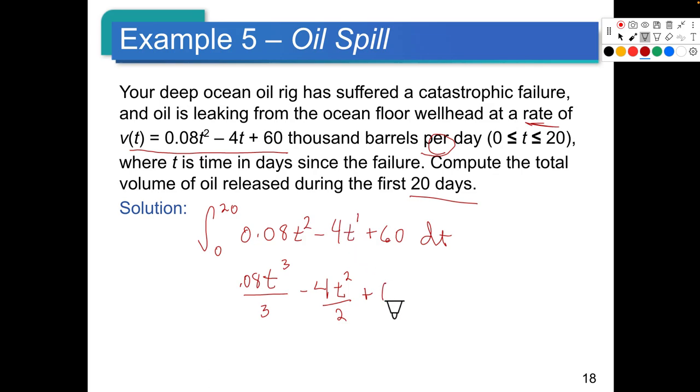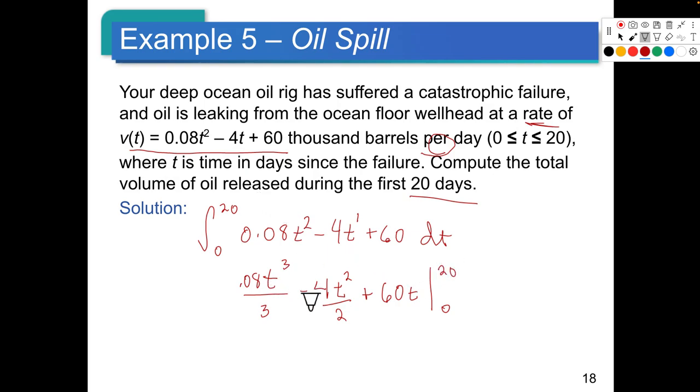Good. And then again, we've been putting plus a constant, but what I like to do is put the line to remind myself I don't need to, because I'm going over an interval from 0 to 20, and that would subtract out anyway, right? It's not important.